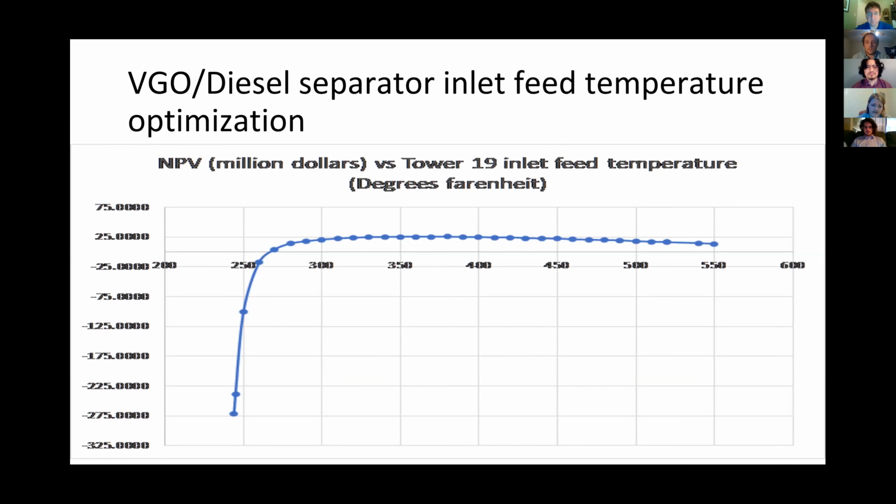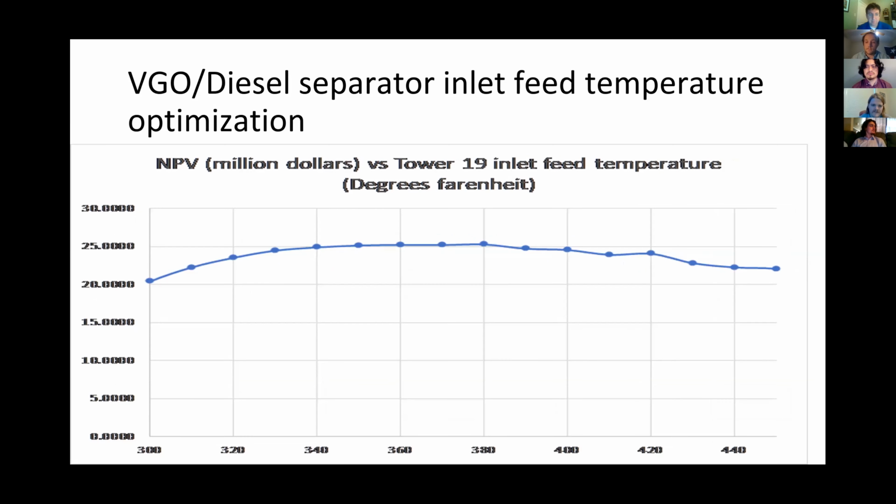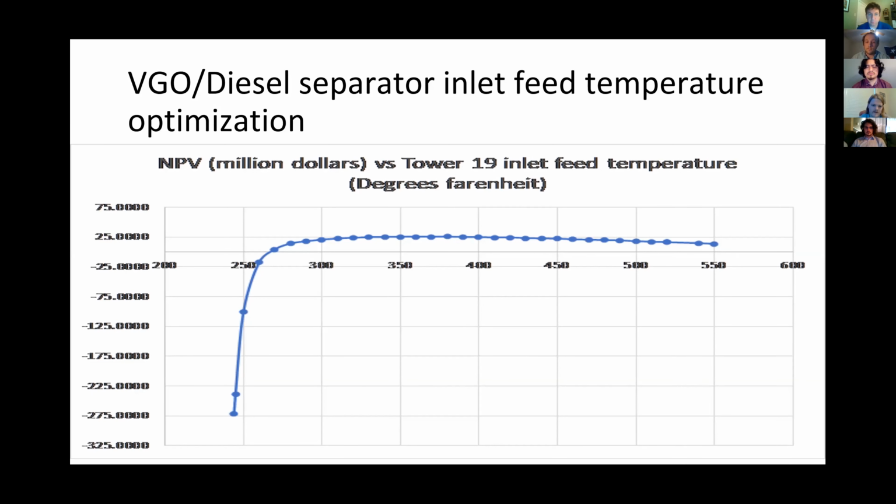So what we ended up doing was basically adding an economizer to the inlet feed stream of that tower, and we optimized it and found the optimal feed conditions. Intuitively, what we were really optimizing was the vapor percentage of the feed coming in, but we were doing that through manipulating the temperature.